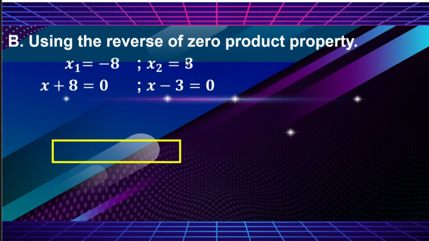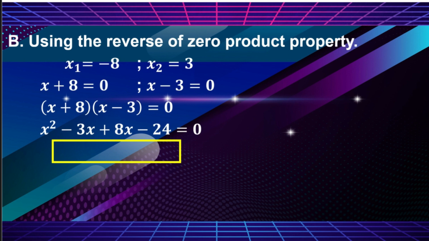As well as this side, transpose +3 becomes -3. Then, we are going to combine the two factors in which usara ang ilahang equal to 0. And we are going to use the FOIL method in rewriting the equation in standard form.